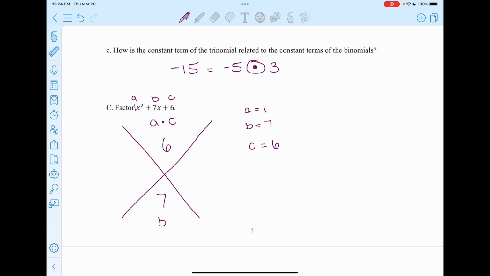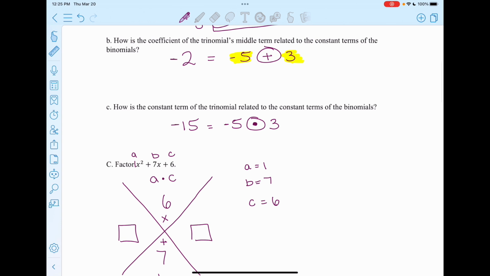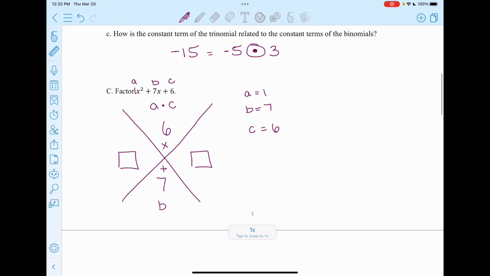My goal is to think about two numbers that will multiply to get to 6, but add to get to 7. Just like what we saw here in our example, two numbers that will multiply to our constant term, but add to our middle term. In order to do this, think about two numbers that multiply to 6 first, because any two numbers could add to 7, but there's only certain numbers that multiply to 6.